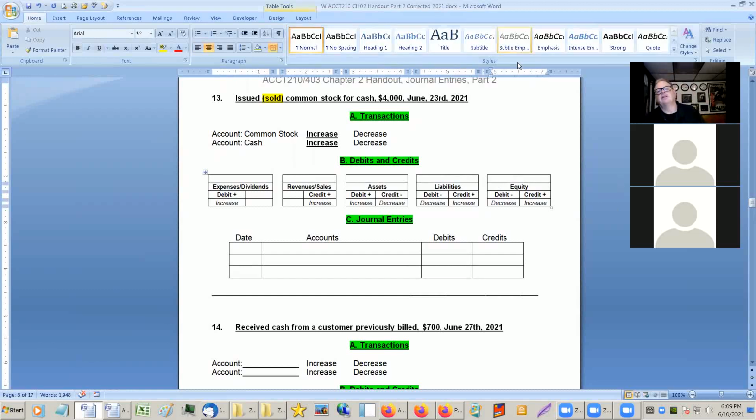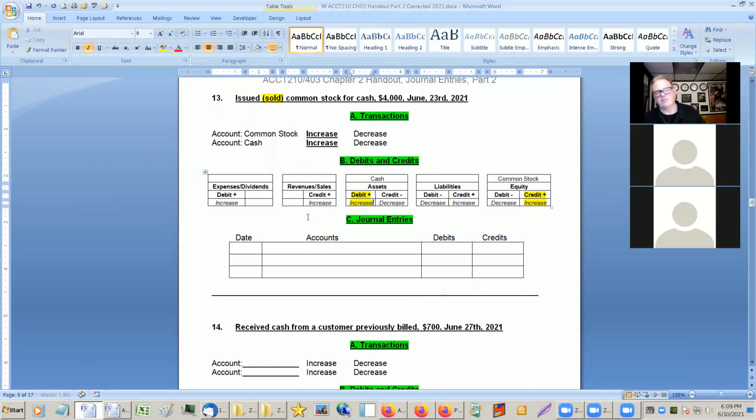is here. And it's going to increase, so it will be a credit. Cash is an asset, so debit.